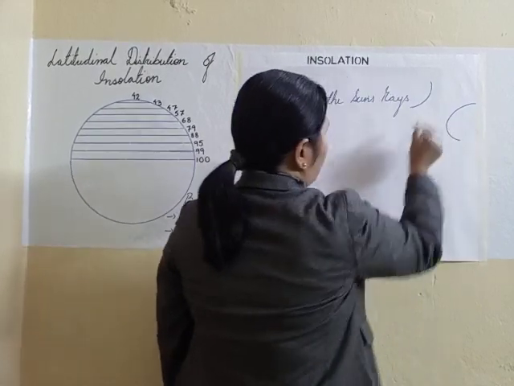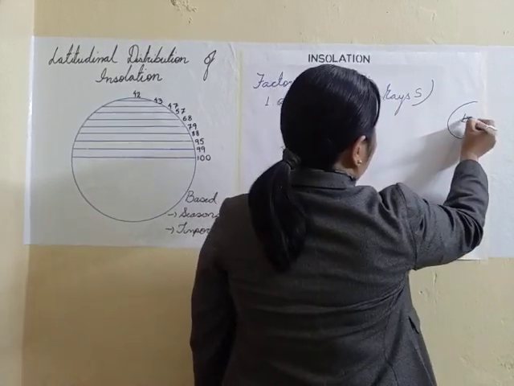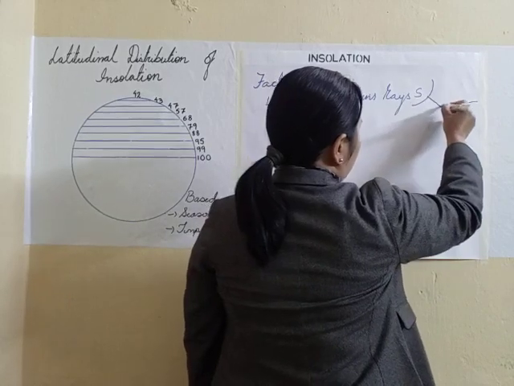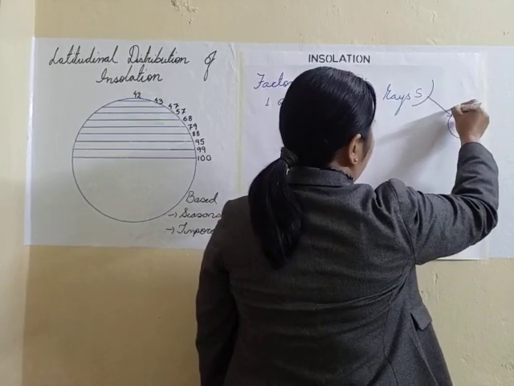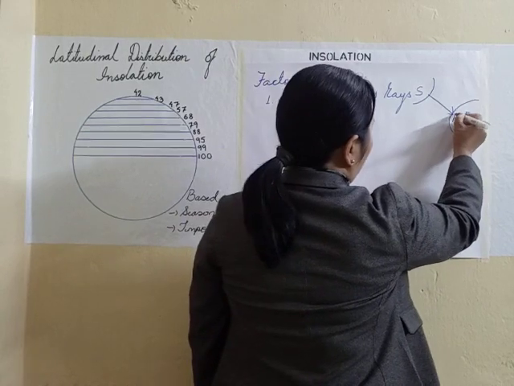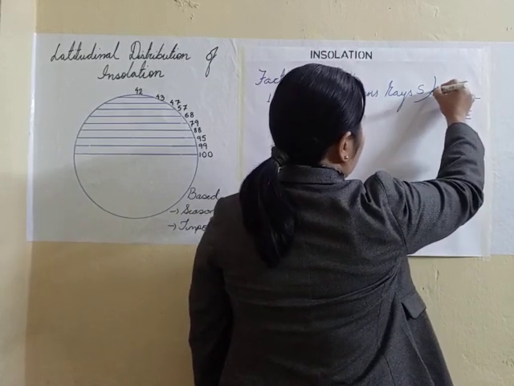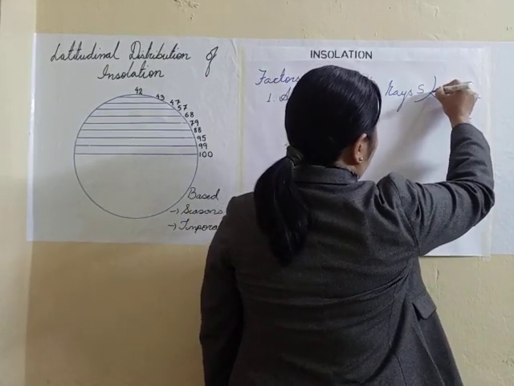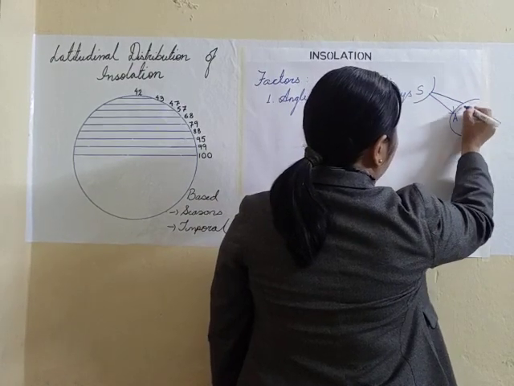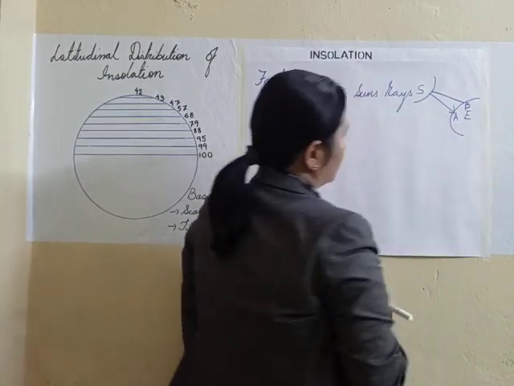Suppose this is the earth and this is the sun. The sun's rays falling on the earth's surface vertically overhead at a place called A, and the sun's rays falling on another place called B at an inclined angle.